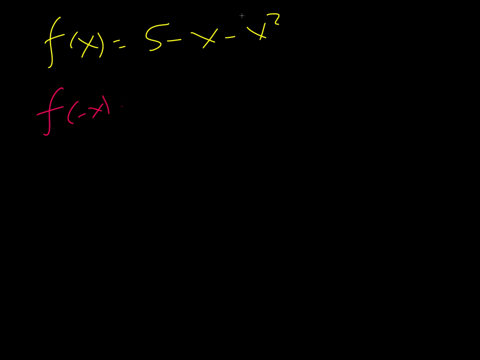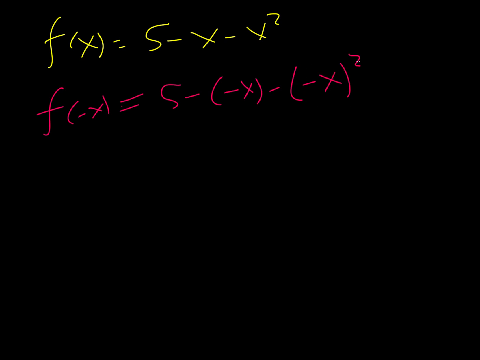Okay, the next one gives us f of x is equal to 5 minus x squared. And they want us to find f of negative x. So all we're going to do is replace all the x's with negative x's, and especially on one like this, I highly suggest using parentheses like that. There's high potential on this one to make a sign error, so try to just take your time on that.